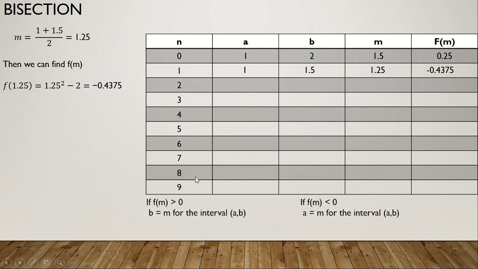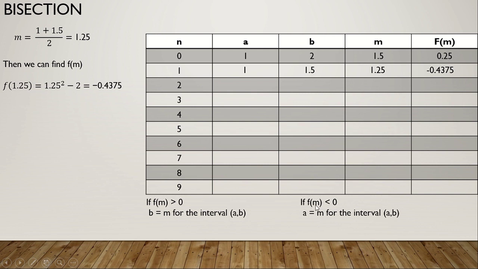So we have this type of rule that we have. If f of m, which is this guy, is greater than 0, meaning if it's positive for our case here, then b is equal to m for the new interval a comma b. So for this new interval, this value will equal this value, right?